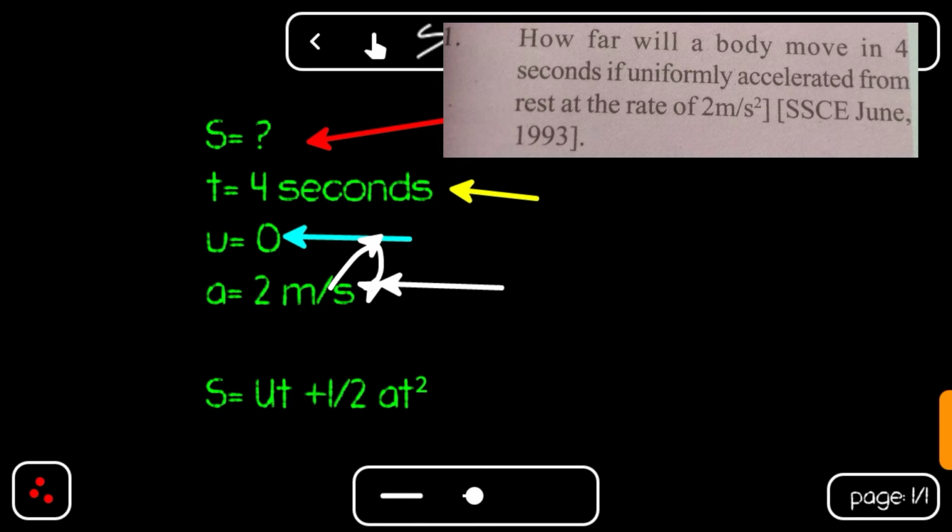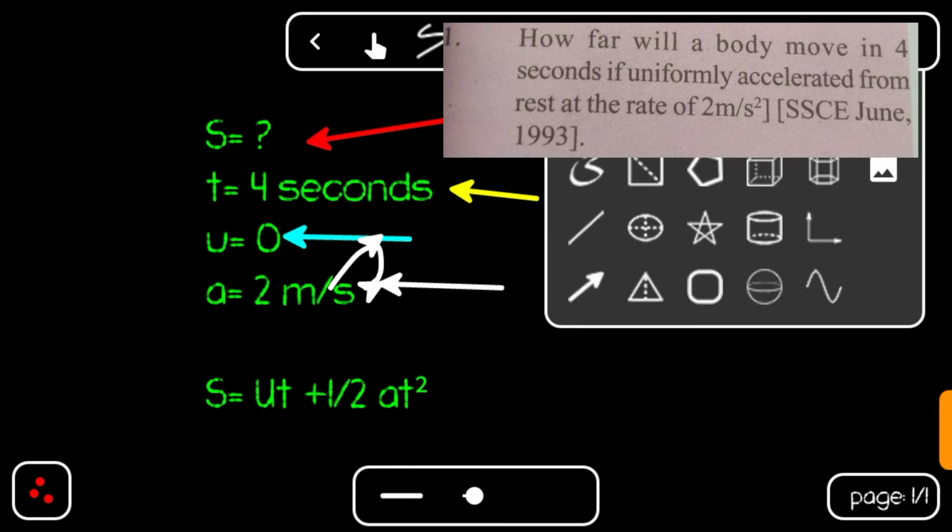So what we do now is look for the equation that would best answer this question, that all these items fit into. That equation would be the second equation, which is s equals ut plus half at square. We can find our u, our t, our constant half, our a, and our t square in the equation.